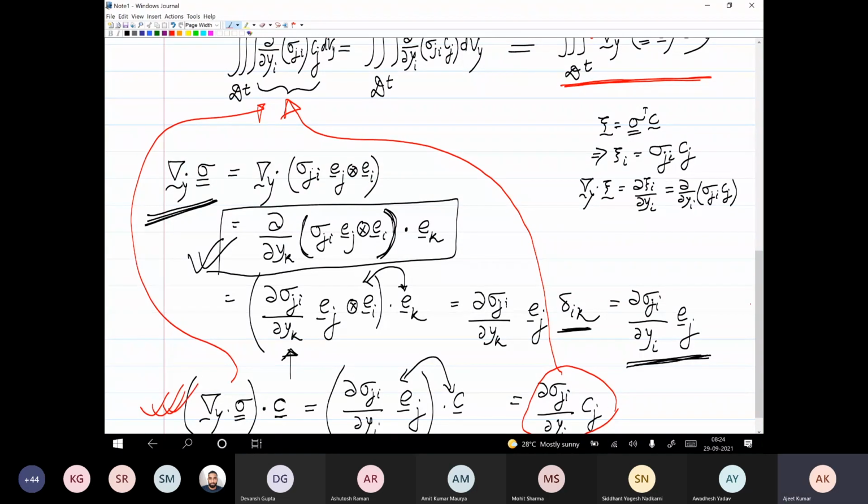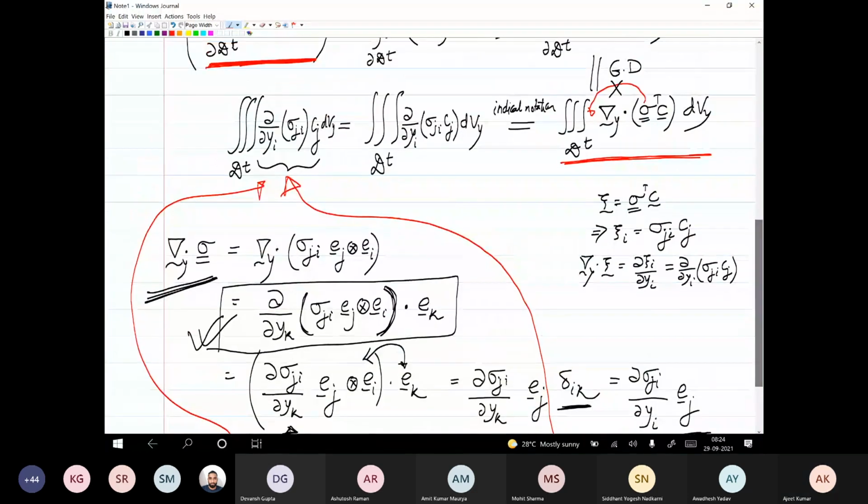Okay, so we can now write this as volume integral dt, divergence with respect to y dot sigma dot with C, dvy, isn't it?